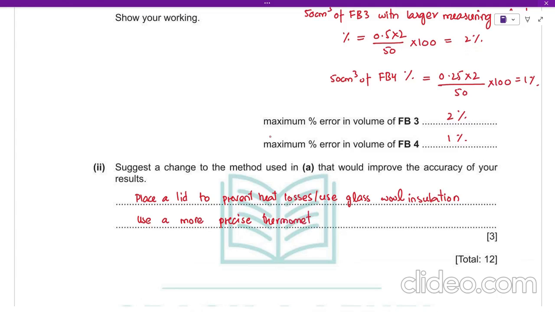And what else you can write? It is only of 1 mark. Okay, the upper part is for 2 marks and the lower is for 1, so they have given the marks together.